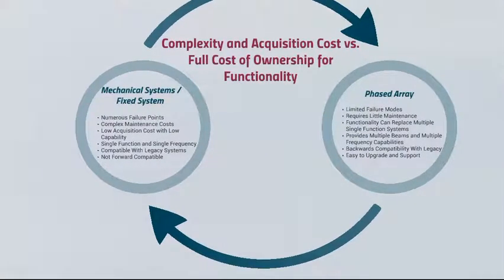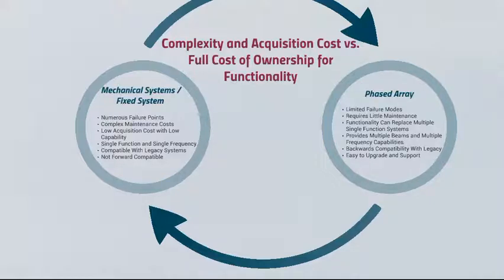Complexity and acquisition cost versus full cost of ownership for functionality. Mechanical system or fixed system: numerous failure points, complex maintenance costs, low acquisition cost with low capability, single function and single frequency, comparable with legacy system.